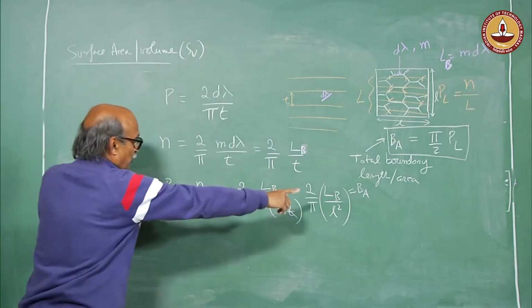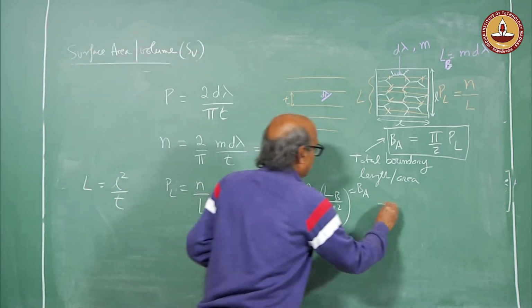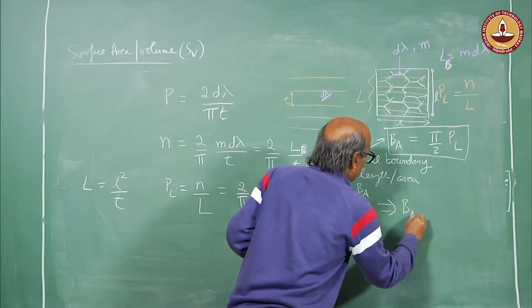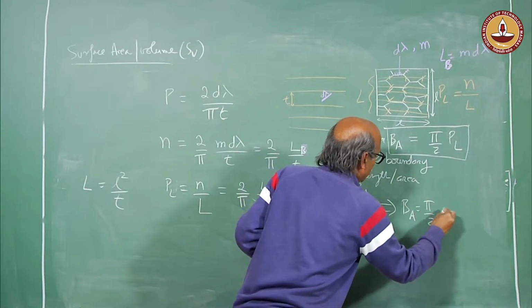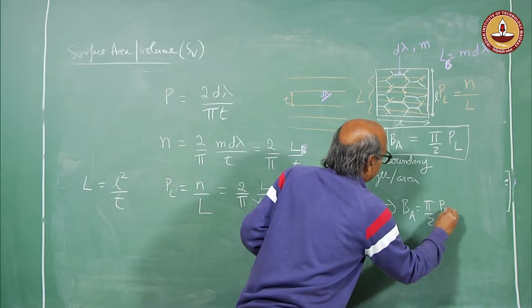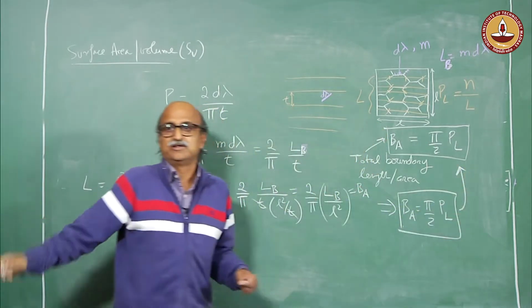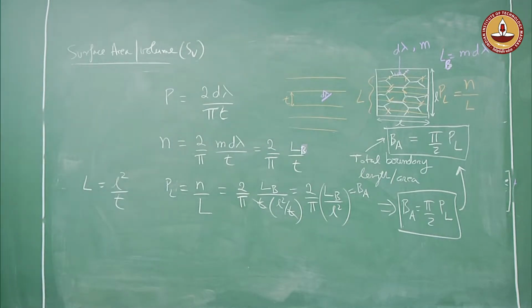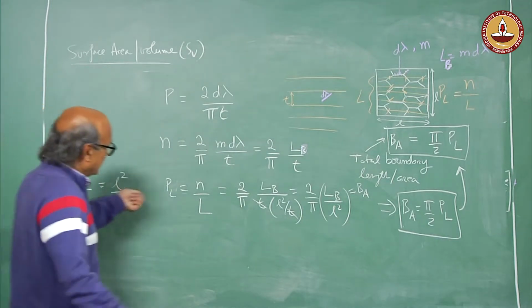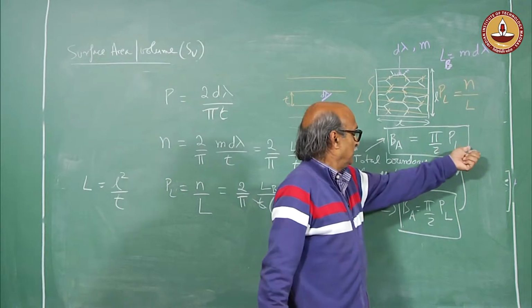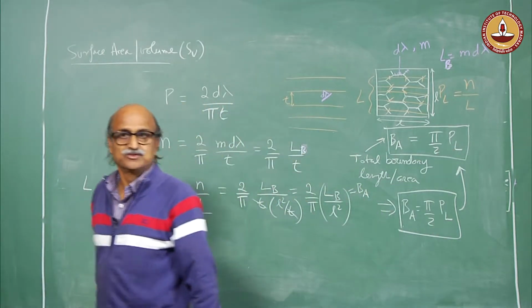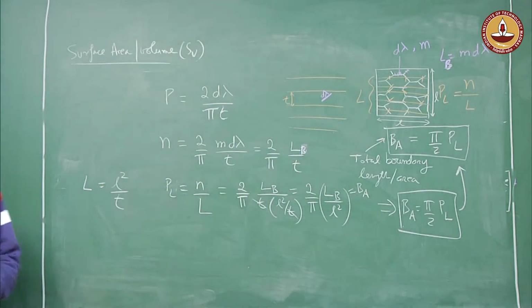So, if I now look at this, it is clear that boundary length per unit area is equal to pi by 2 times P L. So, we arrive at this relationship. Okay. So, this was a simple derivation to show one of these stereological relationships.